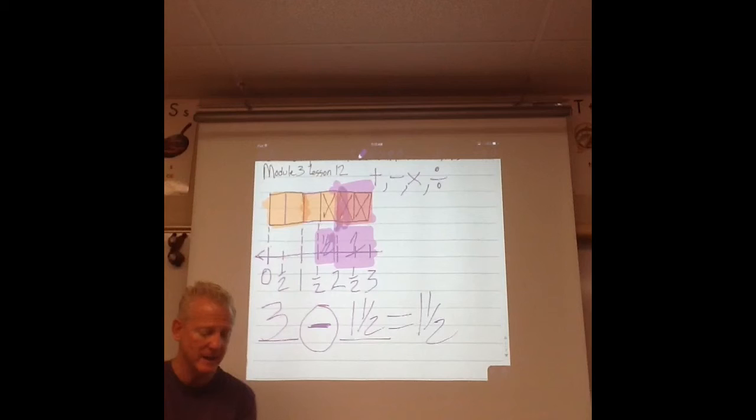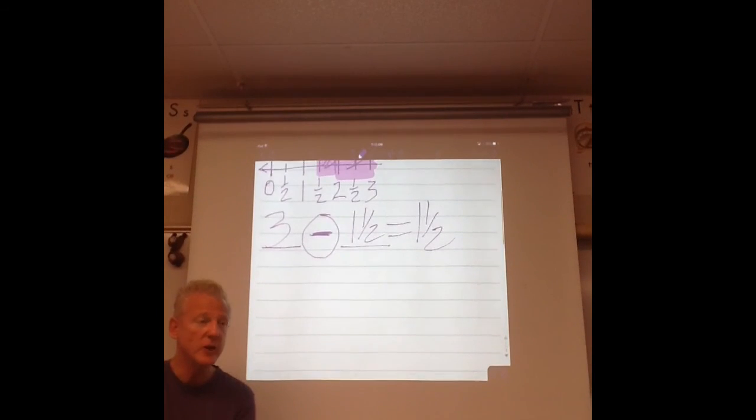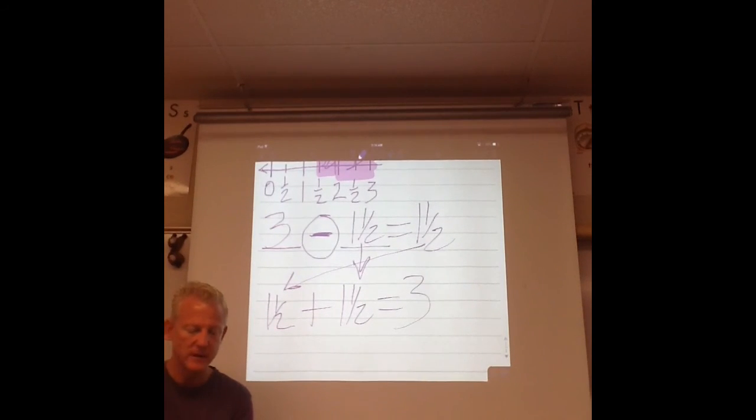Because if you notice, this is 1 here, right? And a half. If you don't know, let's take this number and move it over there. 1.5. I'm going to take this number, drop it down, and do the opposite activity. 1.5 plus 1.5 is 3 wholes. You are correct. See that number right there?